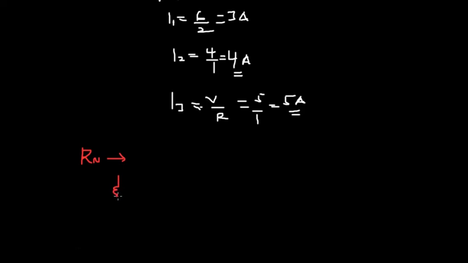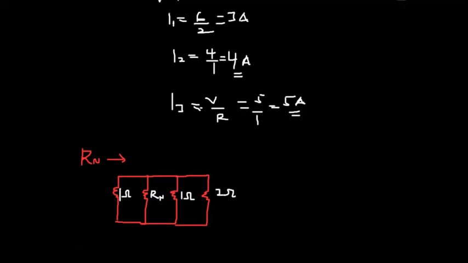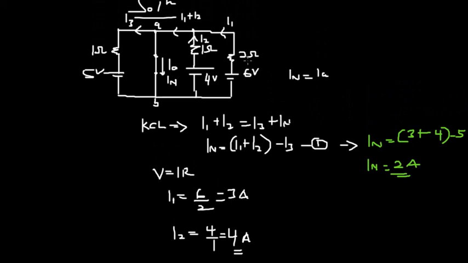So we have this, and then we have RN over here, and then we have another resistor, and then we have our final resistor. 2 ohm over here, 1 ohm over here, we have the RN, and then our last resistor is 1 ohm. When we compare to this, you notice that it's the same thing over here.